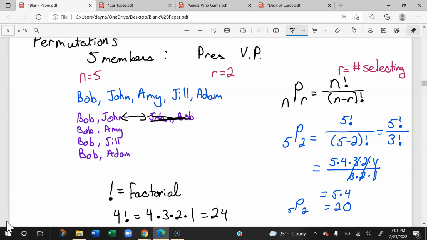And so this one would not matter. And so you can see that John and Bob and Bob and John are the same thing. I would still have John and Amy, John and Jill, John and Adam.